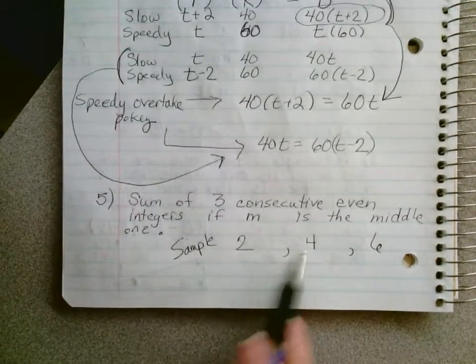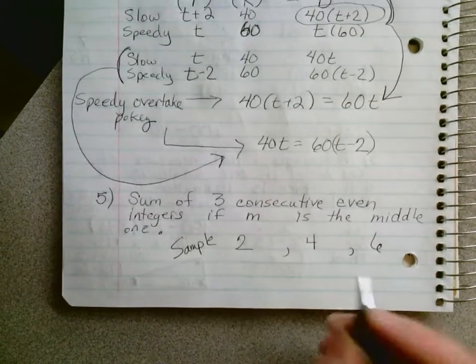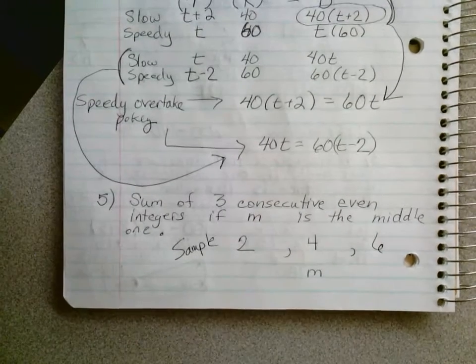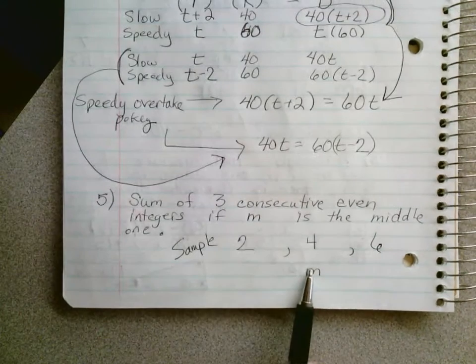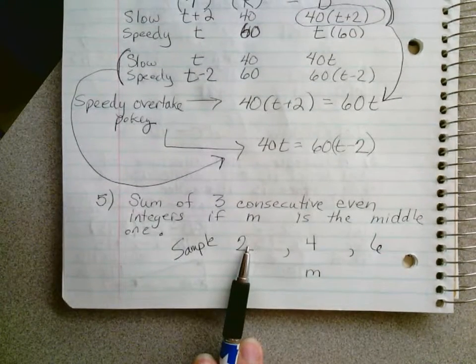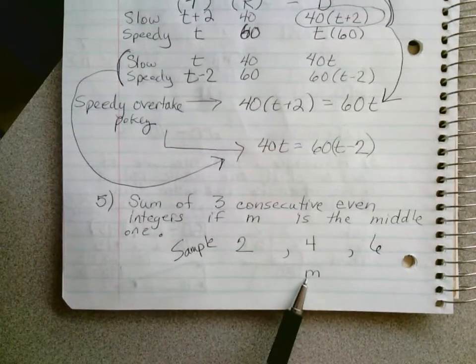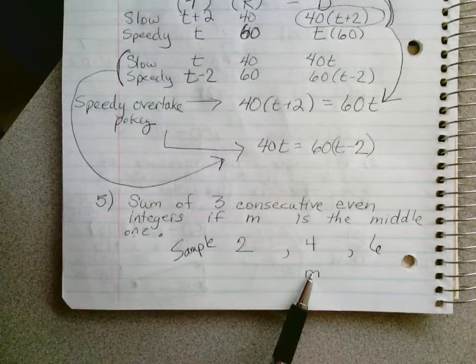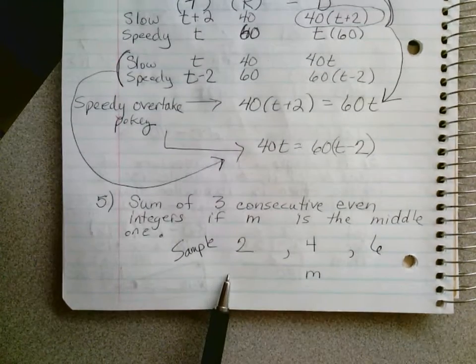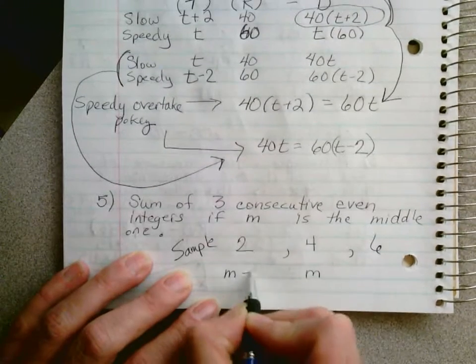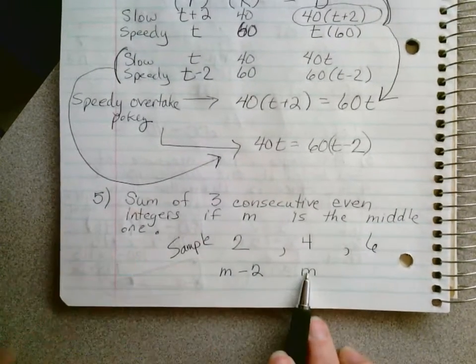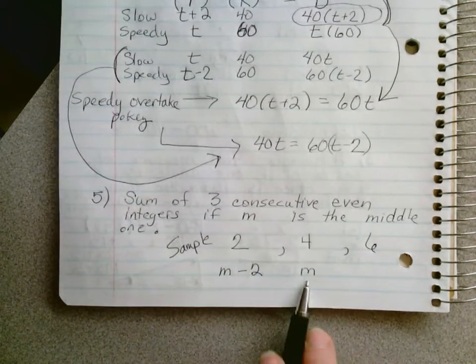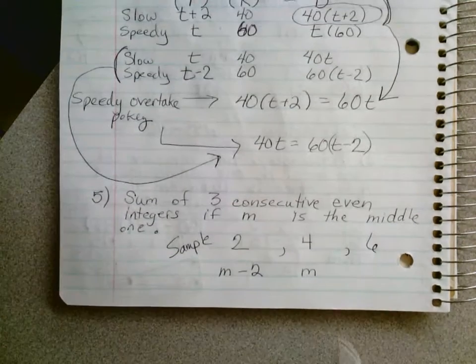What's the middle one in this list? So equating 4 with m, how do I use m to create 2? If m is 4, then what must I do to m to make it 2 smaller? And what must I do to m, which is 4, to make it 2 bigger?